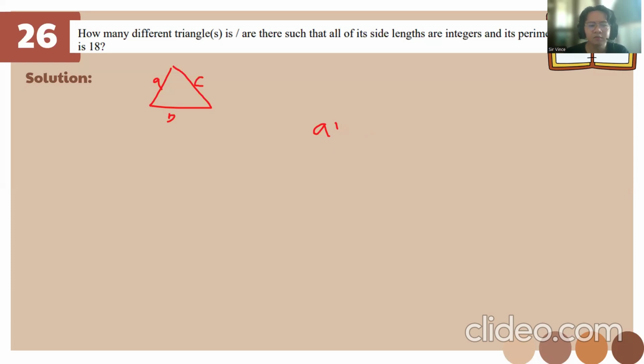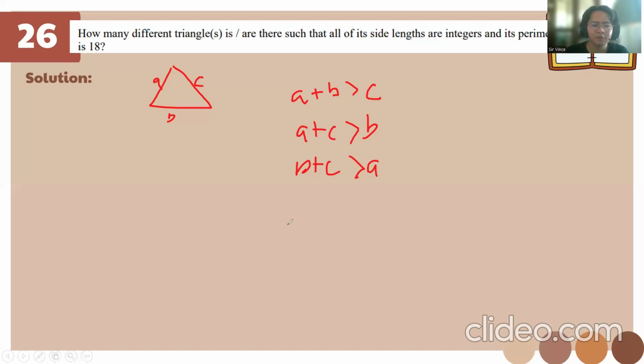What? Okay, okay. Here. I remember now. We have A plus B should be greater than C. A plus C should be greater than B. And B plus C should be greater than A. Okay? You remember this one?